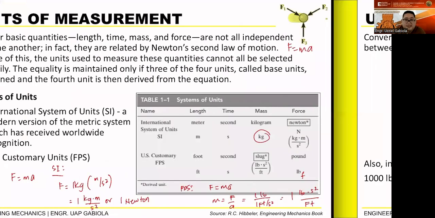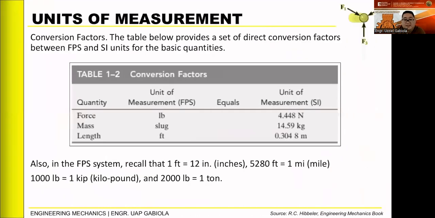Next is yung conversion factors natin. I have here another table para magkaroon ng direct conversion between FPS system, yung US system natin, to SI system. Kung halimbawa, in pounds yung given, pwede natin siya i-convert to SI by using this value. Halimbawa, meron kang 50 pound na force, gusto mo siyang i-convert into newtons.